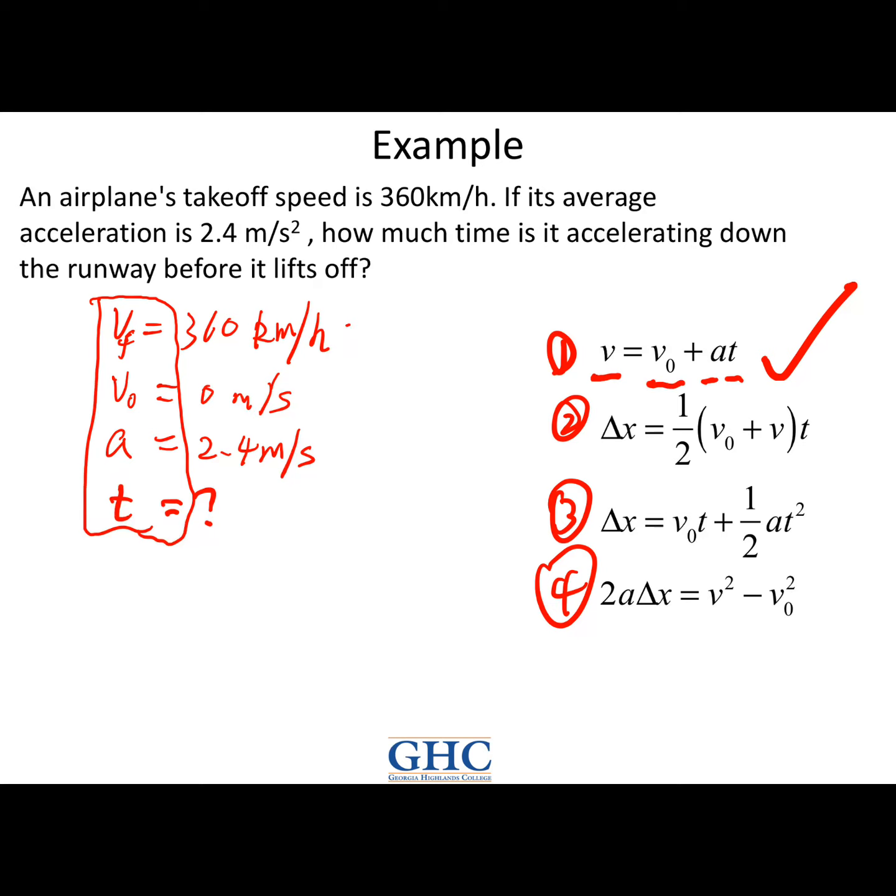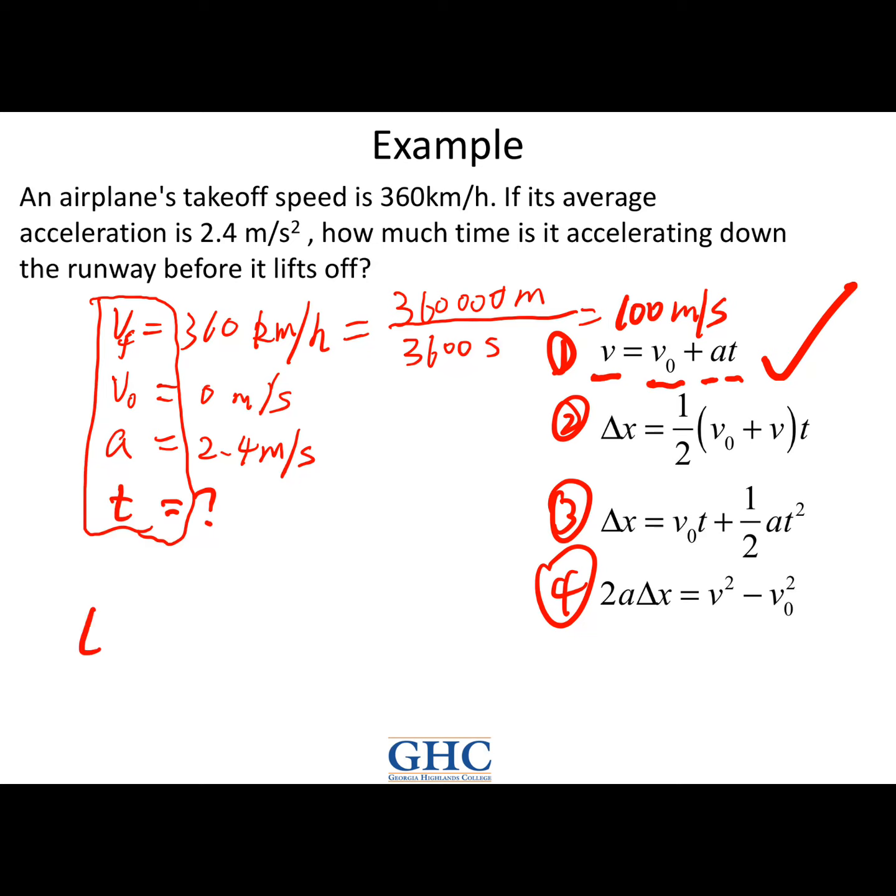The catch here is that you need to convert this to meters per second first. 360 km per hour is 360,000 meters over 3600 seconds, which gives 100 meters per second. So the airplane has to reach 100 meters per second so it can take off.